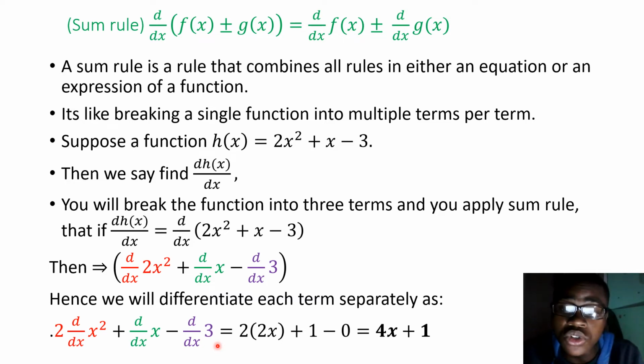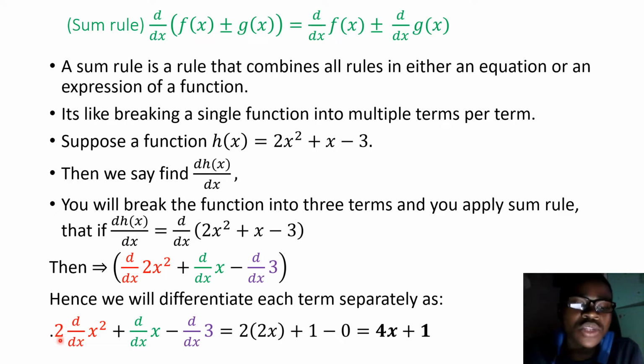Now we continue to derive them. We apply the nth rule here. With the x to the exponent 2, we apply the nth rule. Applying it, we'll have 2 multiplying the existing coefficient, which is 1. We're going to have 2x, whereby the exponent will be 2 minus 1, which will remain 1. x to the exponent 1 is the same as x. Now remember, the reason why I put a bracket is that this is our derivative where we put 2 outside.